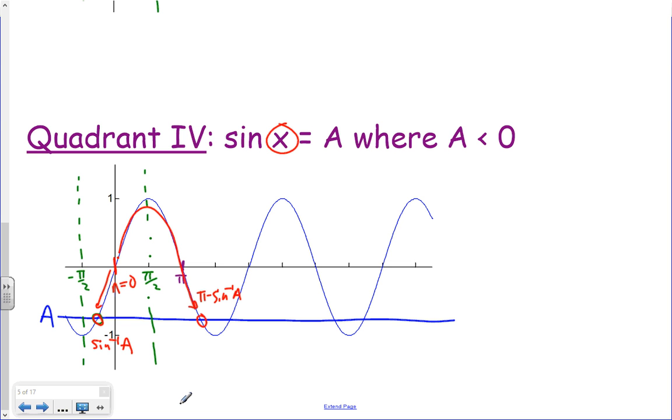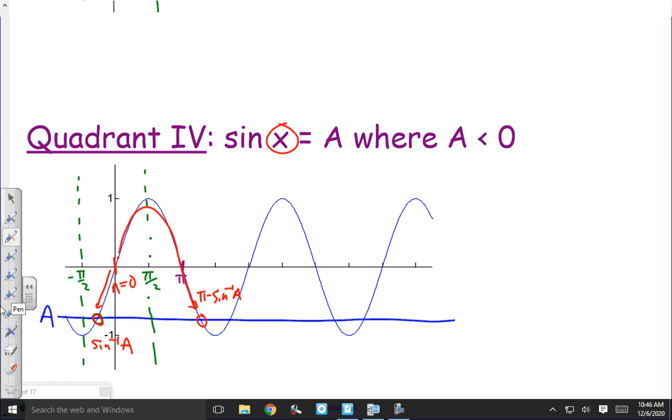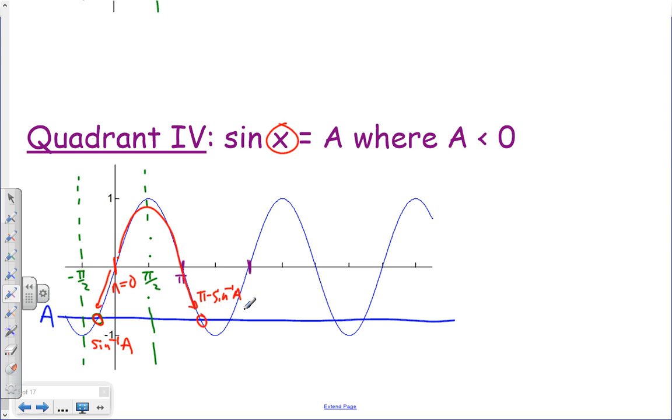And this continues. Let me do this in a different color just so it's easier to distinguish between these. If I make this n equal to 1, now when I go backwards to the left, this is going to give me my sine inverse of a solution. And where's the other solution? I've got to go back to n equals 1 and then move to the right from there. So that's right here.